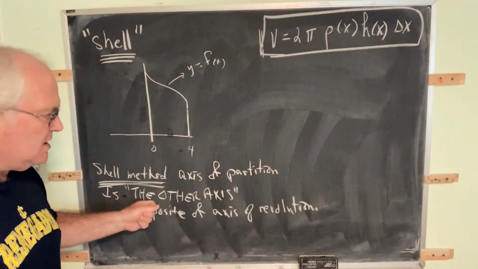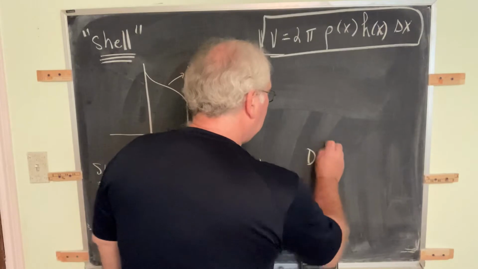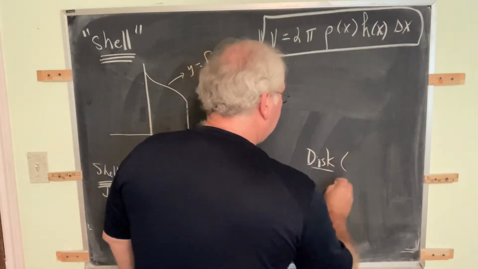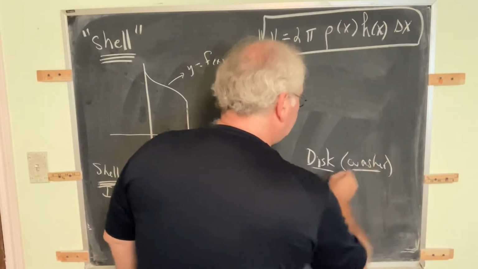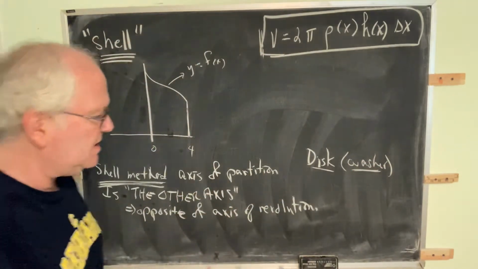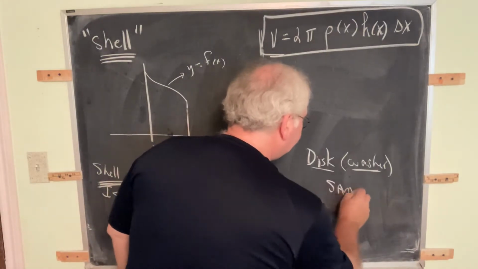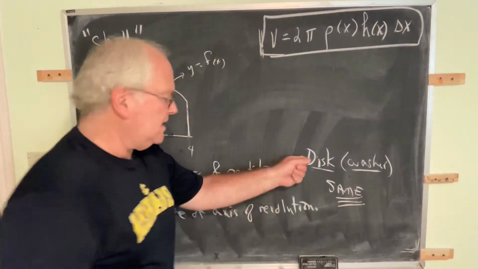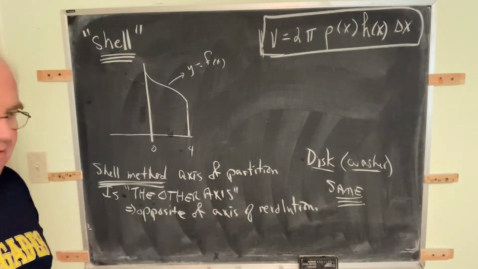It's the other axis. For the disk method, and disk is the same as washer. Remember, washers are a special subcategory of disks. For the disk method, the axis of partition is the same as the axis of revolution.